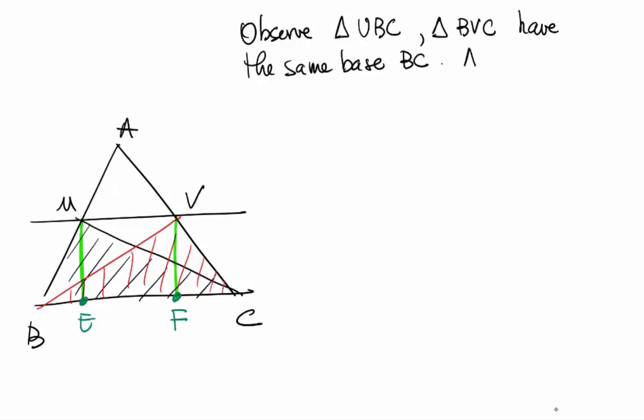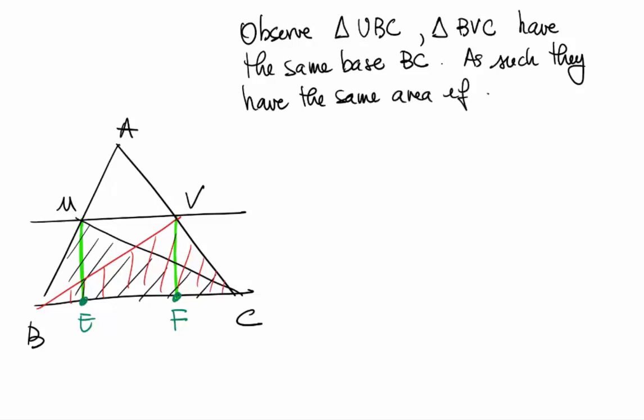As such, they have the same area if and only if the heights corresponding to the base BC, which here are UE and VF respectively, are equal.